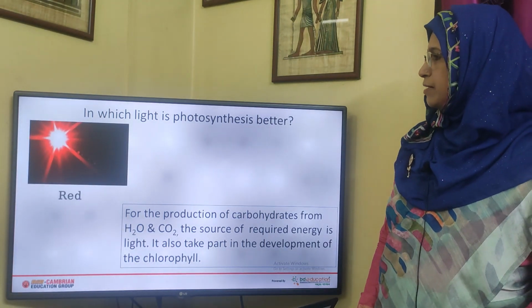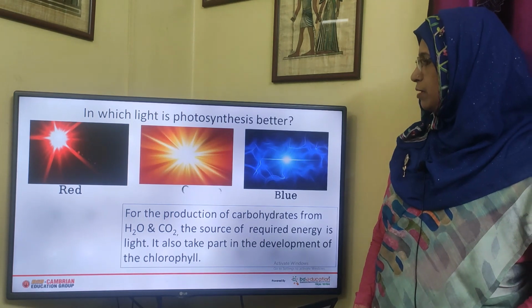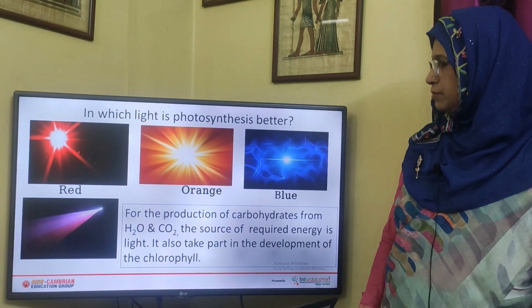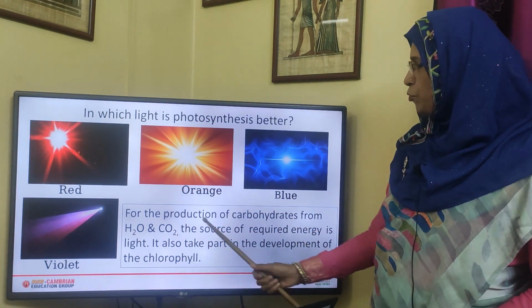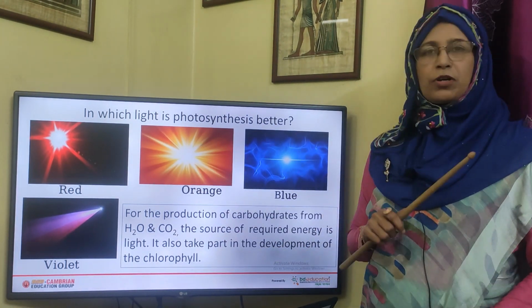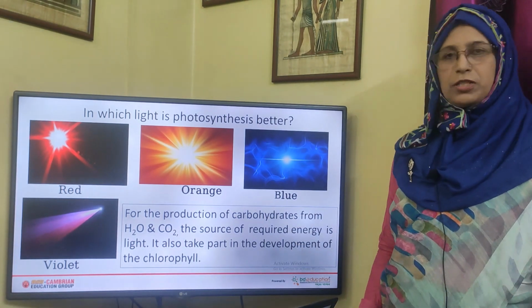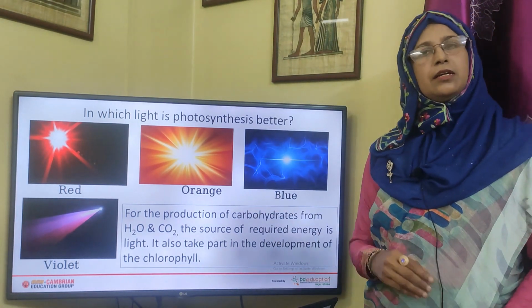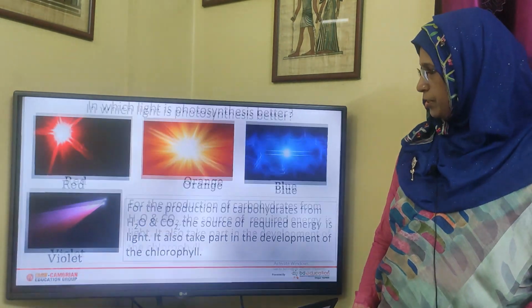See, this is red, then blue, orange and violet. That means red, orange, blue and violet, these four colors are perfect for photosynthesis. In these four colors the rate of photosynthesis is highest.